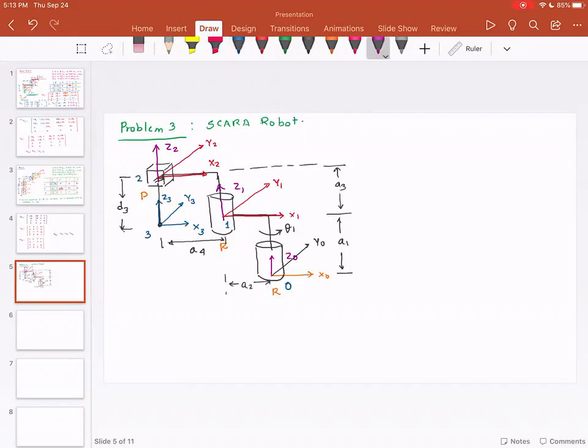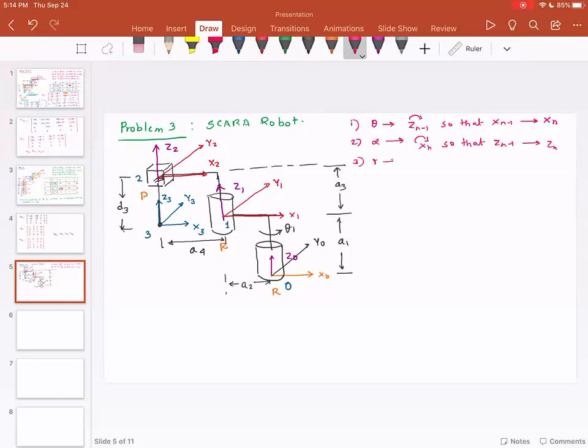Now one last time I'm going to write down the rules in shorthand. I will write the rules again in the next problem too. Theta is the rotation about Zn minus 1 so that Xn minus 1 gets aligned with Xn. Alpha is the rotation about Xn so that Zn minus 1 gets aligned with Zn.